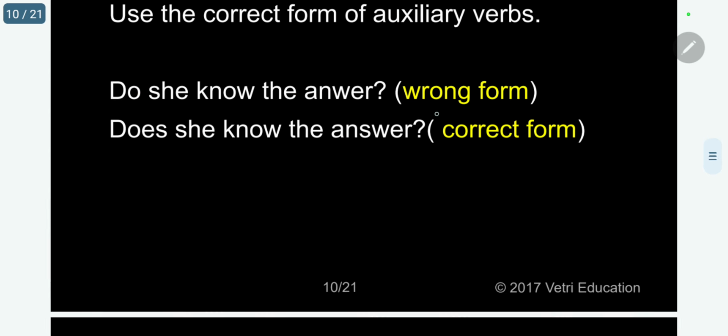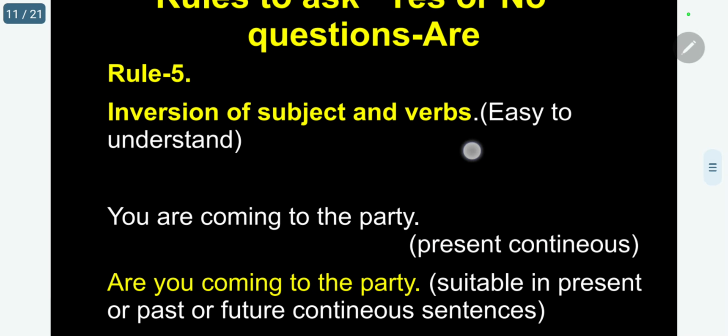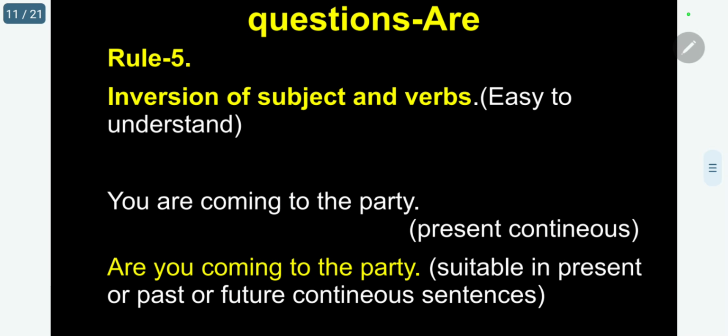Please follow. Rule 5, the most important, which you must know to understand questions and answers: inversion of subject and verb. Easy to understand. Suppose we are given the sentence: you are coming to the party. That is present continuous. How can I raise a question?